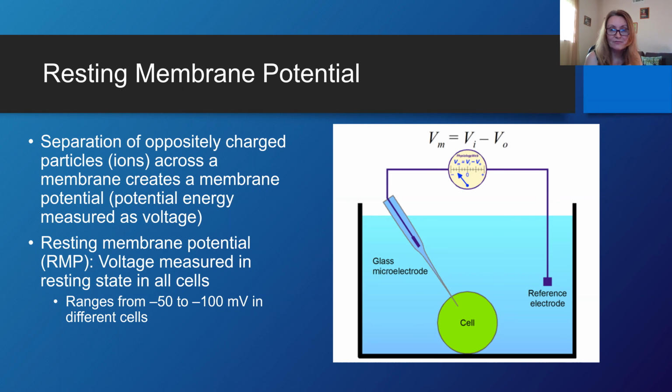We have molecules, we have proteins, for example, right? And what actually happens is that your cells separate charges. So there is a separation of charges between the cell and its environment. And this separation of oppositely charged particles or ions across a membrane creates a membrane potential. So it creates a potential energy.